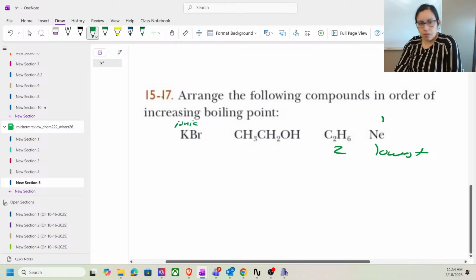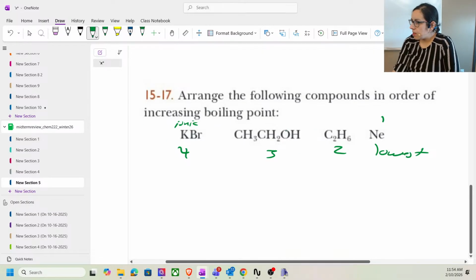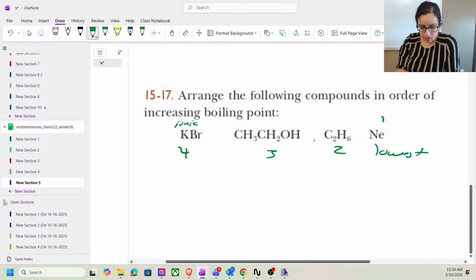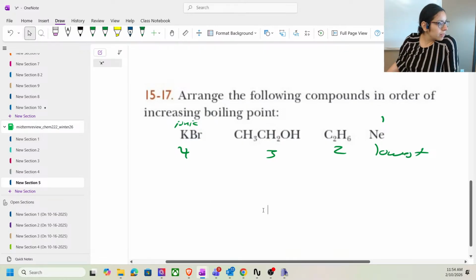So ionic, so yeah, we have our special ionic solid, so this is the highest, and then ethanol as our molecule with hydrogen bonding, right, is next. Sorry, I keep screwing up my organics.